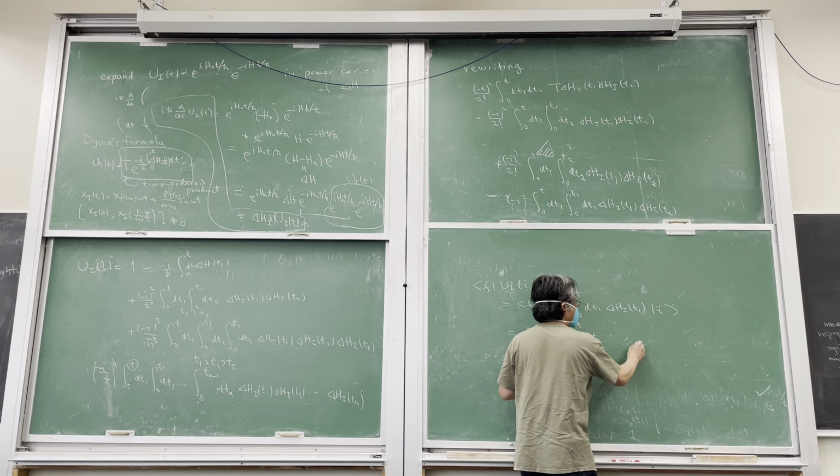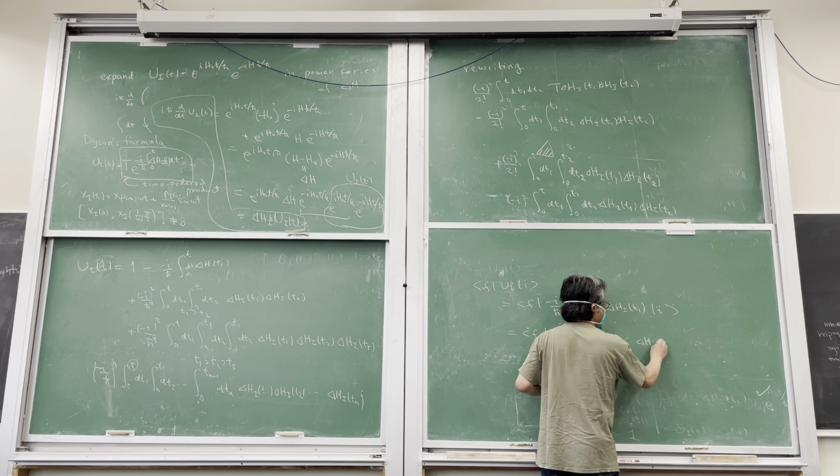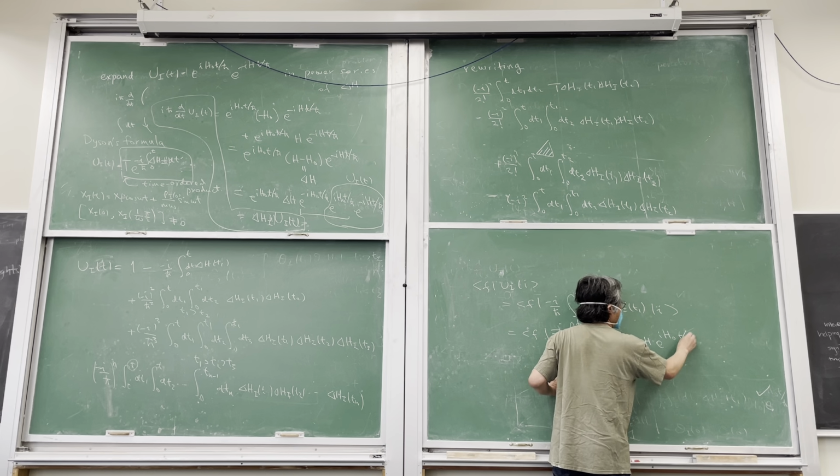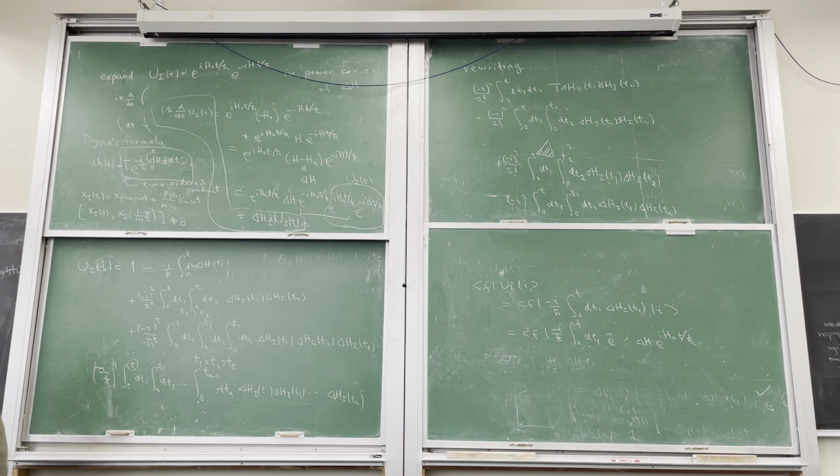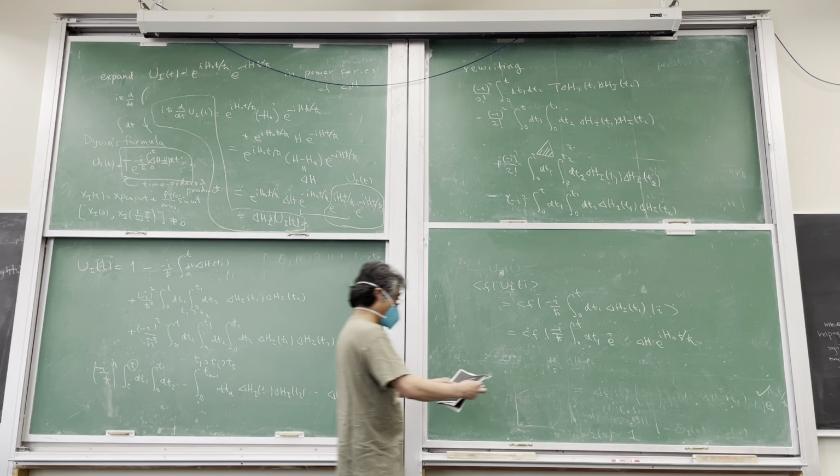And by definition, this delta H_I of t is given by a time evolution, I forgot the sign, according to the zeroth order Hamiltonian.